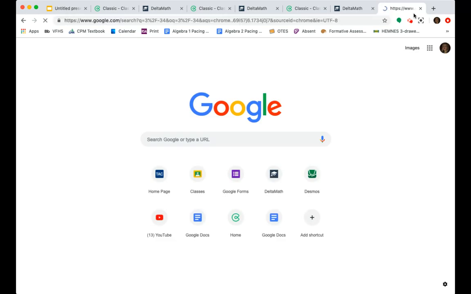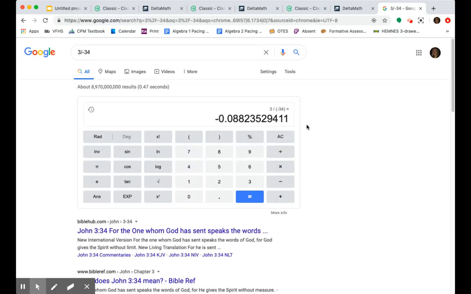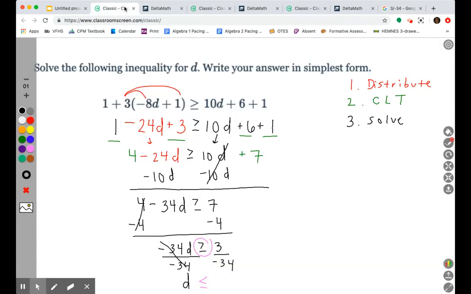When you put that into your calculator, you see that you get a long decimal that isn't just a short, quick, concise decimal. So we're going to leave it as a fraction. Negative 3 over 34. It doesn't matter if you put the negative in the numerator or the denominator. And 3 and 34 have nothing in common that you can divide them both by, so your fraction's simplified.